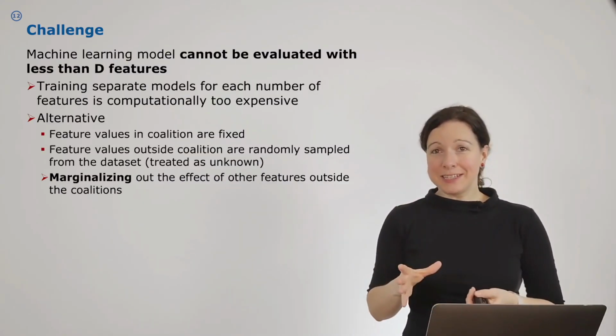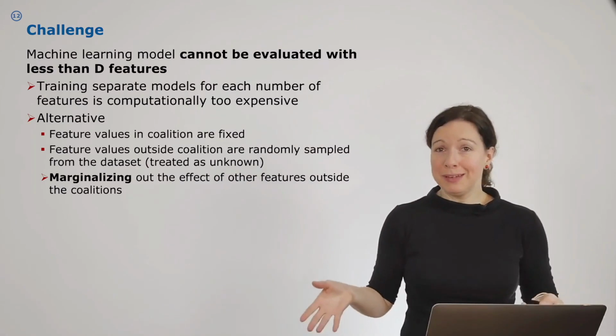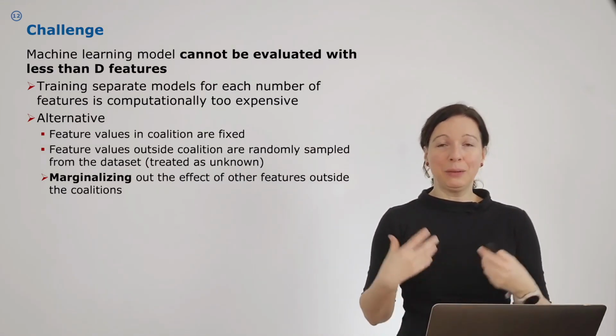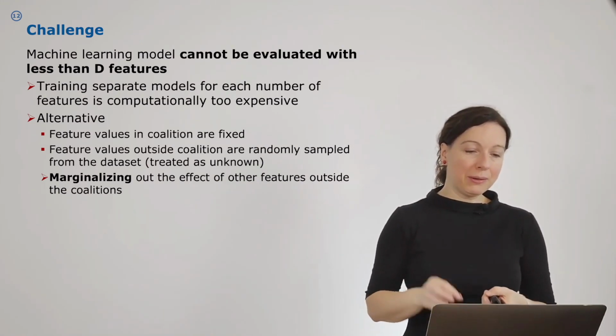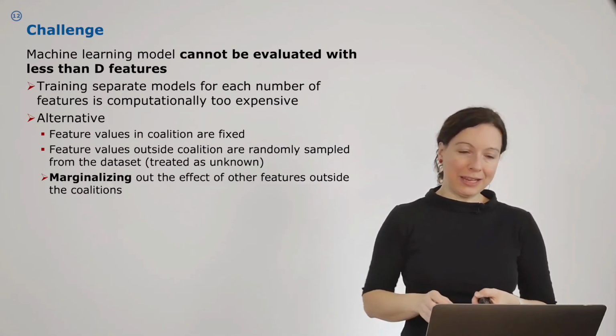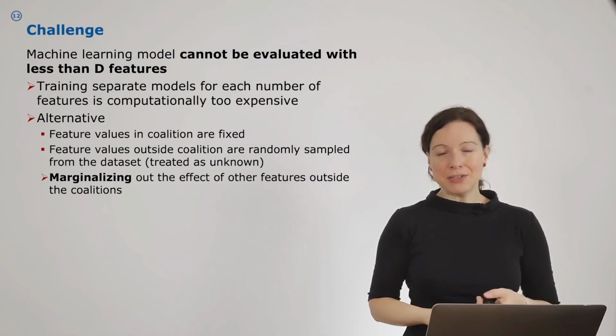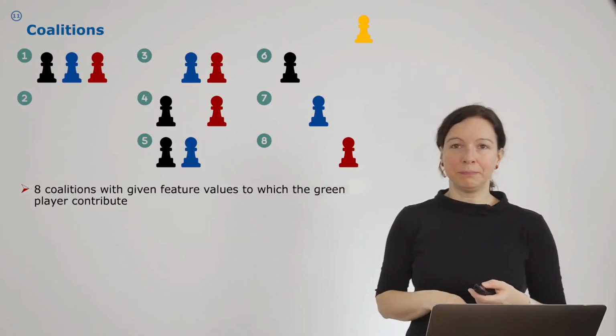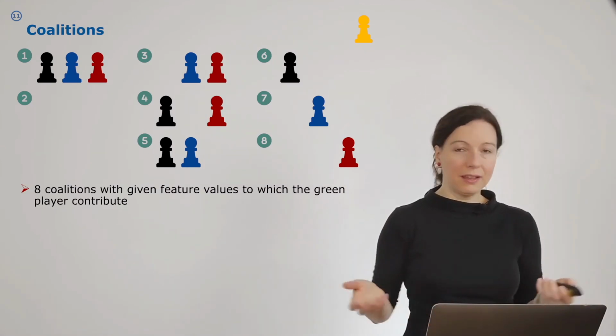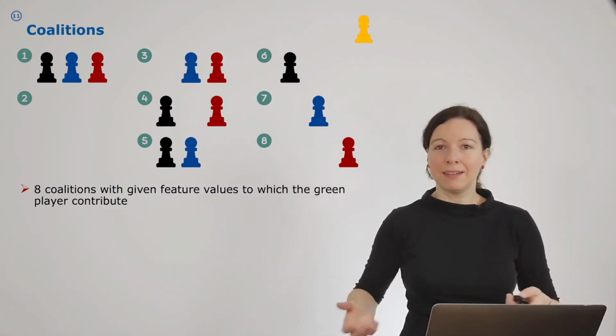So the challenge is now, as you said, we are not in game theory, we are not playing, we are doing data science, and the challenge is a machine learning model cannot be evaluated with less than d features. So it's not that you can just take out a specific feature dimension and then analyze what happens.